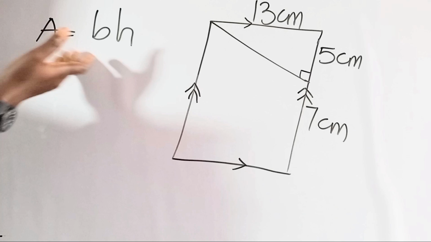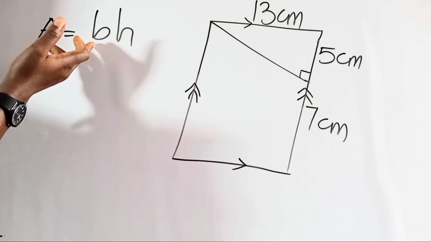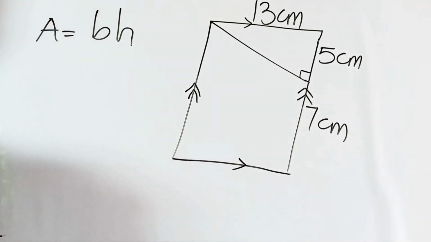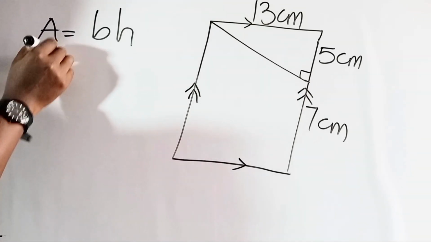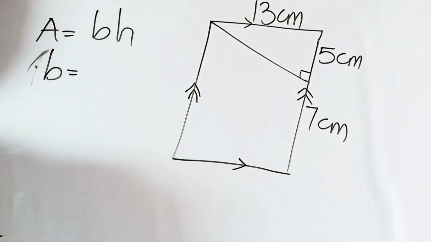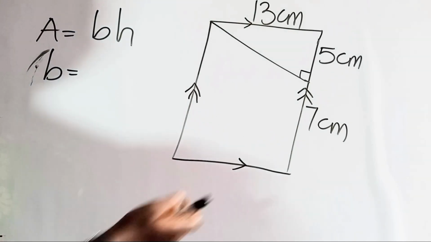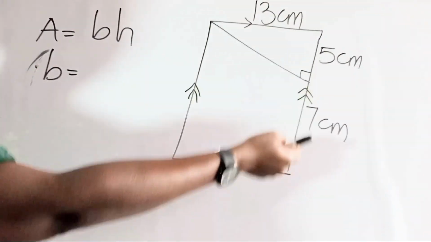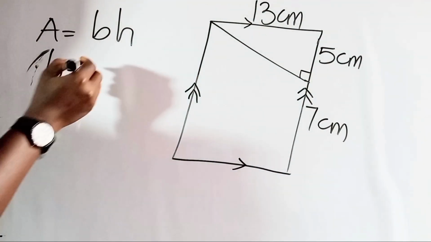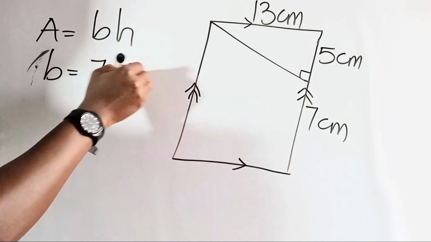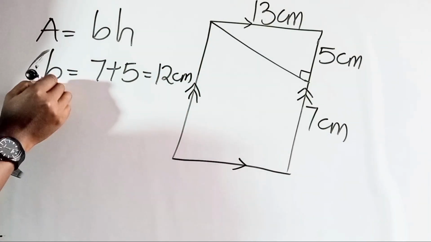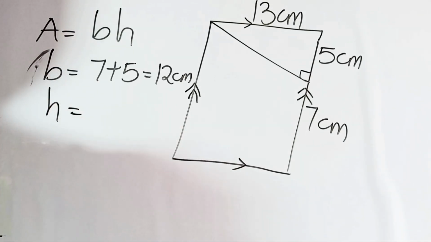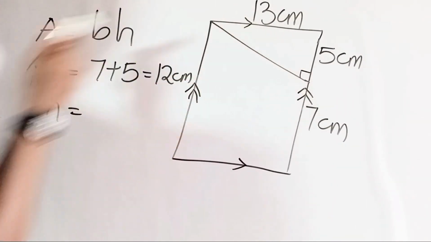Now, before we begin to solve, let us identify which is the base and the height. The base of this parallelogram is this whole length here. So it's going to be 7 plus 5, and that gives us 12 cm. Now, what about the height? The height of this parallelogram is this length here, which is unknown.